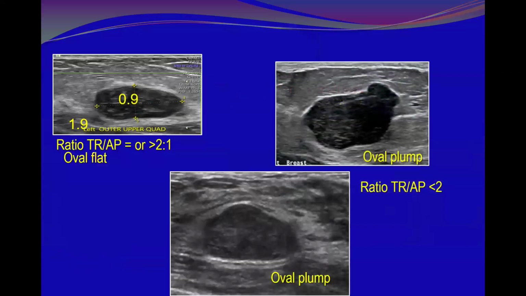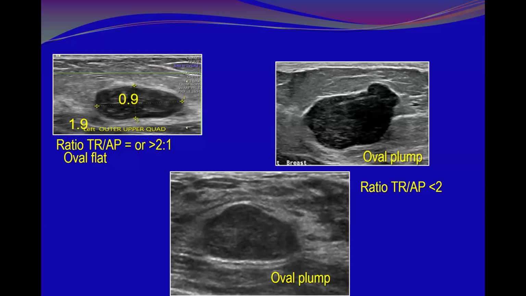However, if you look at these examples, the three of which are oval shape, what is the difference between the three? This one looks flattened, is not bulging, while this a little bit is oval. These are oval, but the anteroposterior dimension is a little bit close to the transverse dimension, giving a ratio of less than 2.